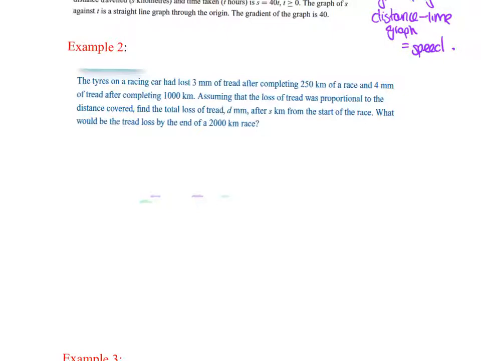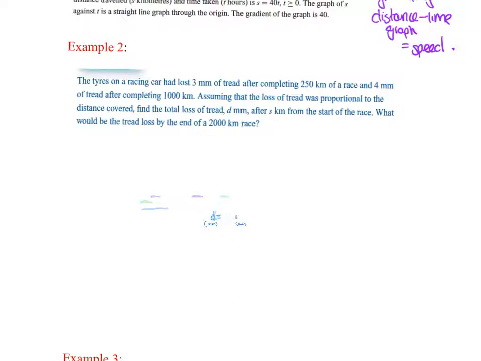So when you are asked to find the total loss, that's generally what your equation wants to be. So they want your equation to be D equals, the tread loss in millimetres, after S kilometres. So S over here, kilometres, is going to be in your graph.